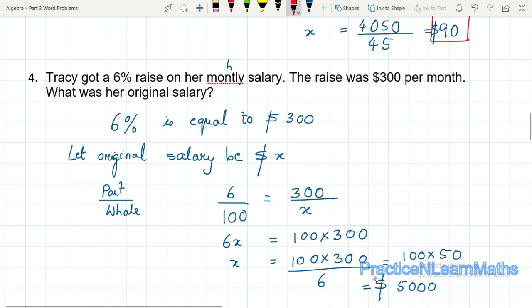So the original salary was $5,000. That is the answer.